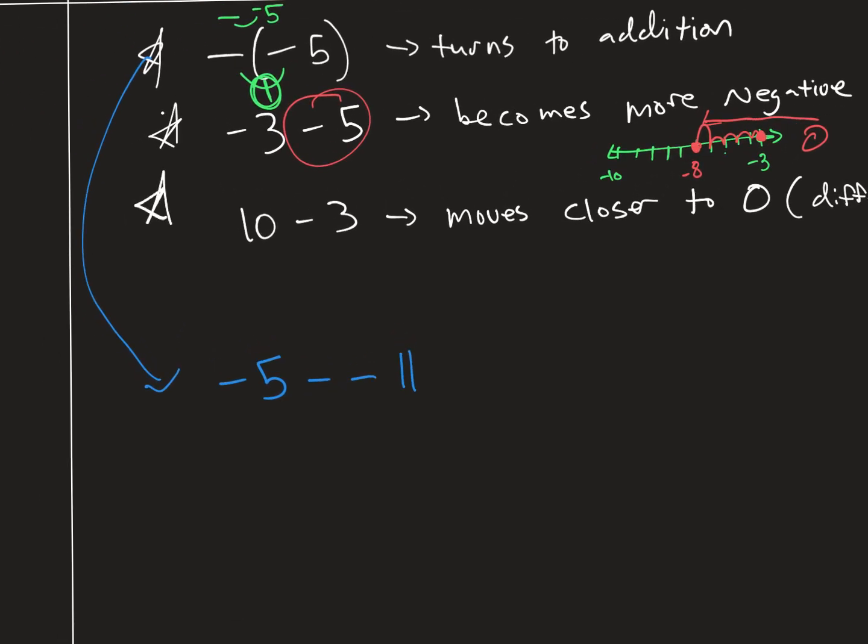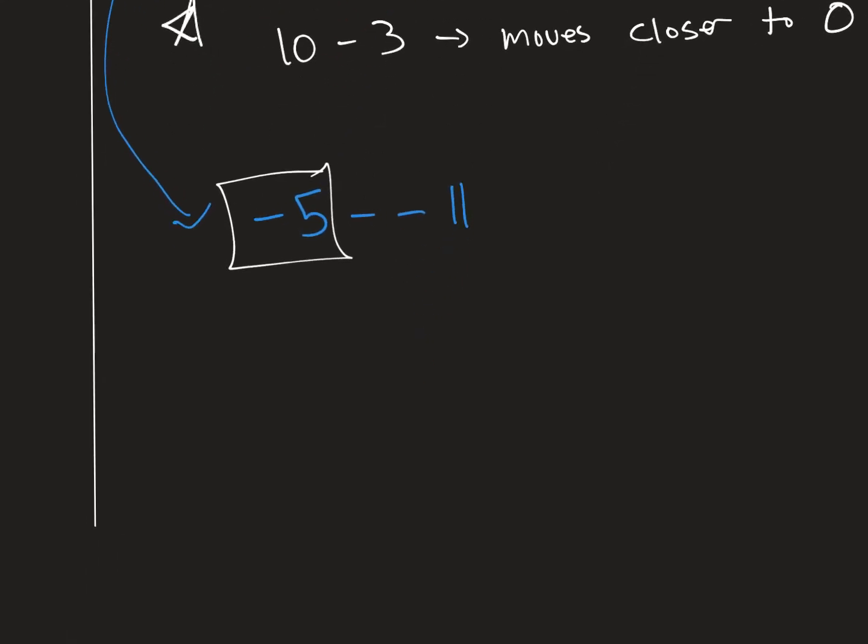One thing that I do want to mention: when we see the double negatives, whether we have parentheses or not, what we need to remember is that everything to the left of the double negatives stays the same. Whether that first term is positive or negative, it will always stay the same. We never change the sign.